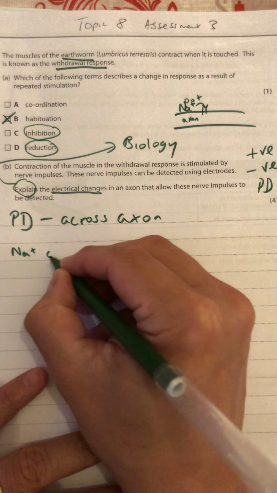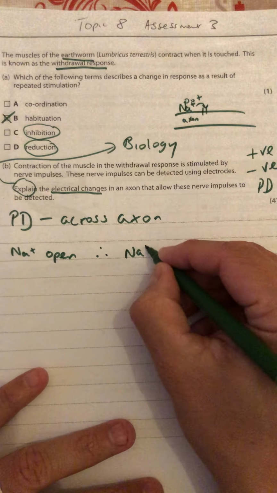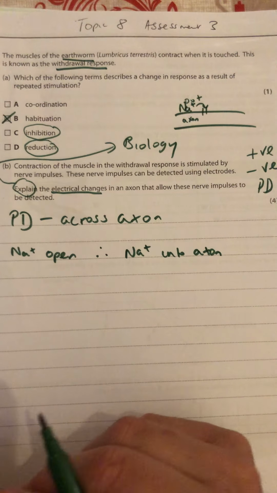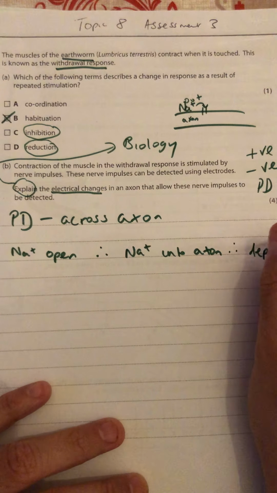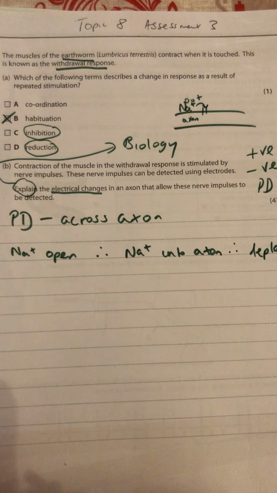So Na open, therefore Na+ into the axon, and that causes depolarization. Oh, can't spell, but you get the idea.